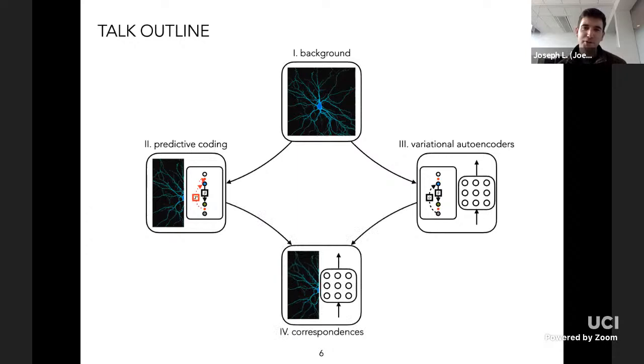Then we're going to combine those two together and see that by tying these two areas together, we get some kind of weird correspondences between neuroscience on the one hand and machine learning and deep learning on the other, which could provoke some new inquiries into connecting these areas.